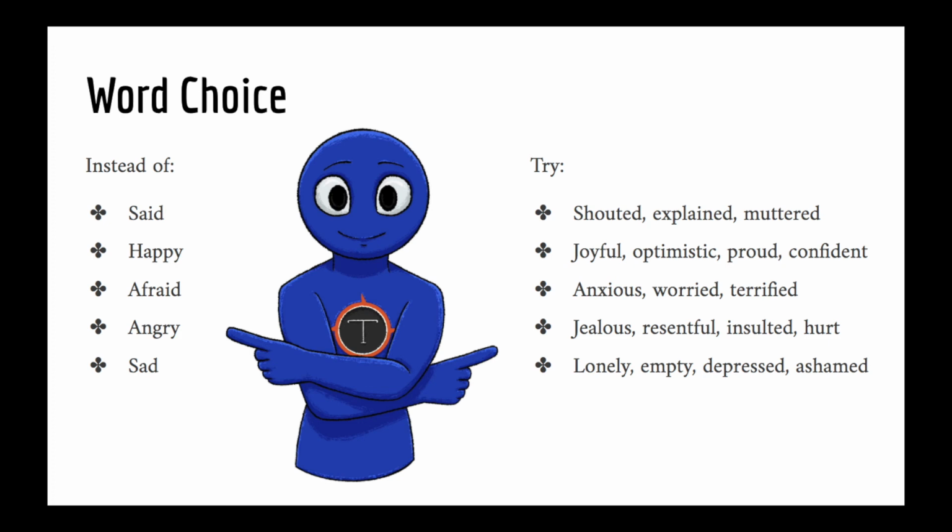Are they angry? Or are they jealous, resentful, insulted, or hurt? Are they just sad? Or are they lonely? Are they empty, depressed, or ashamed? The unique situations that you put your characters in will cause them to have unique emotional reactions, and you want to very effectively and very clearly communicate this to your reader.